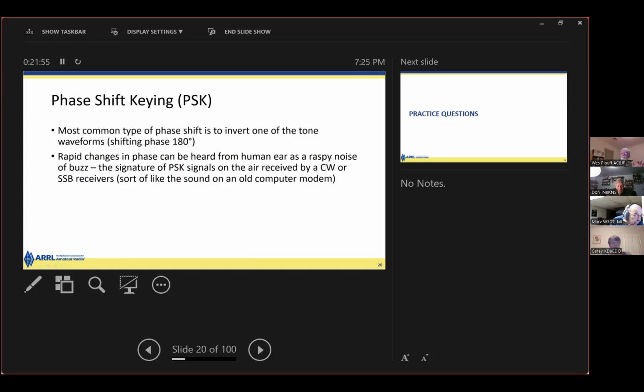You should be able to recognize that because radio teletype is two tones that go back and forth, so they sort of flitter or flutter, and a PSK signal is more buzzy.